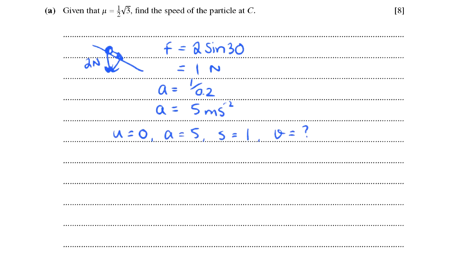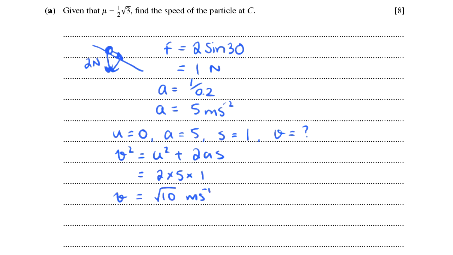The formula we use, v squared is u squared plus 2as. And so v squared is going to equal 0 plus 2 times 5 times 1. 2 5s are 10, which tells us that v is square root of 10 meters per second when it reaches B.